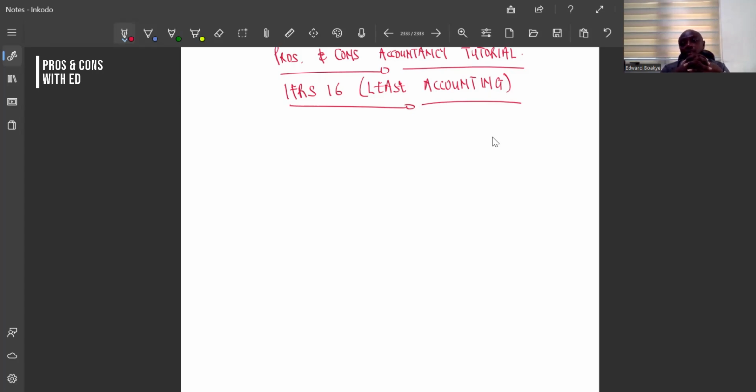In actual fact, IFRS 16 has two types of lease. One is the operating lease, and the other is the finance lease. So what is an operating lease? The operating lease is the normal thing that we have been doing.